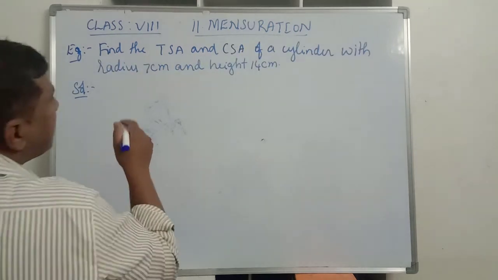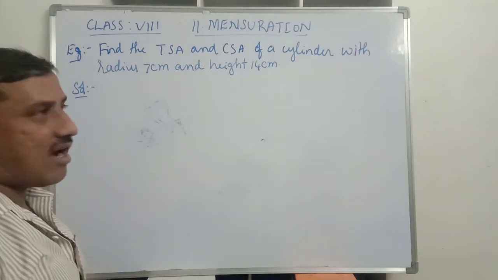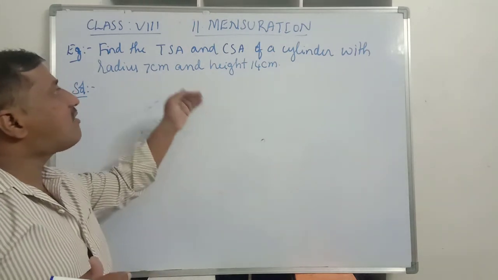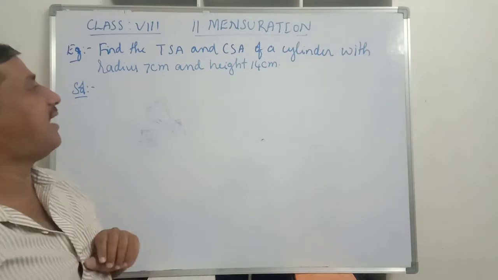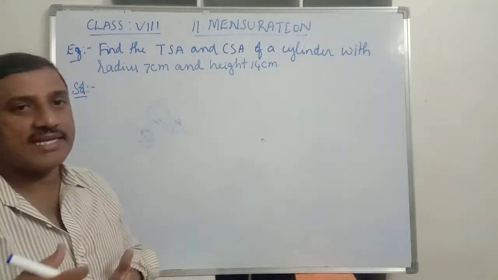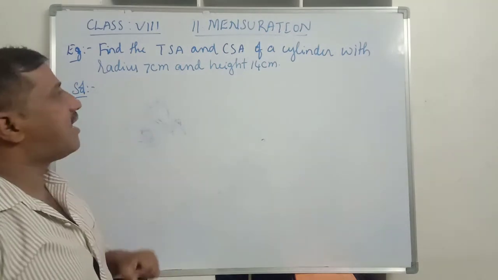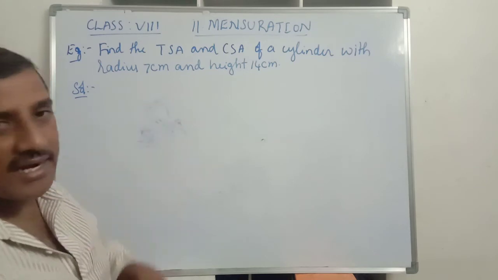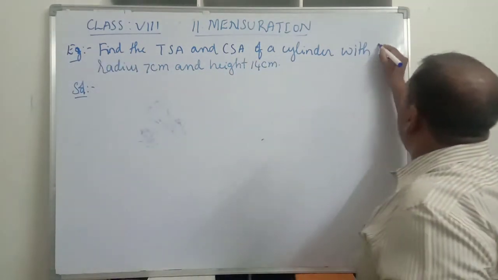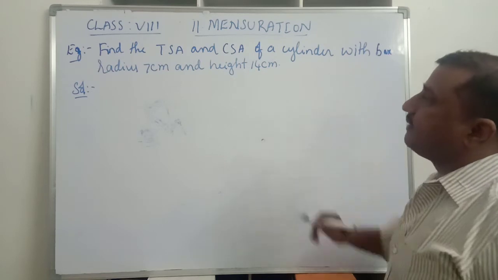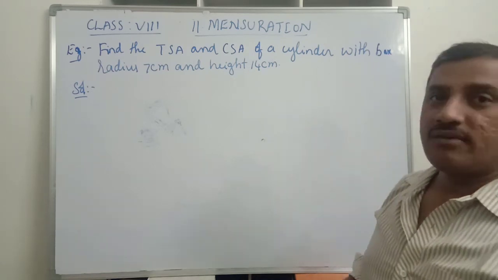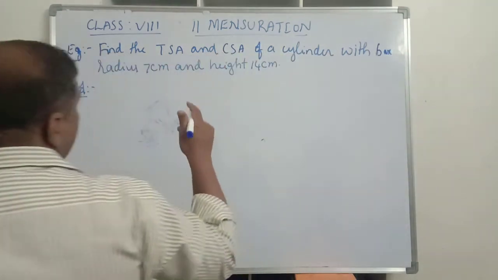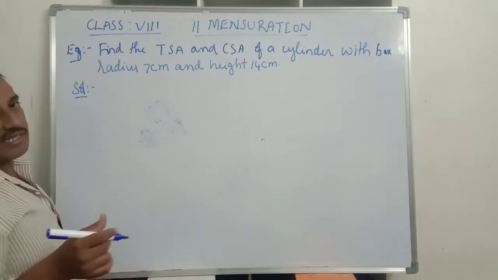Now find the TSA, total surface area, and CSA, curved surface area, of a cylinder with base radius 7 centimeters and height 14 centimeters. Find the TSA and CSA of the cylinder.